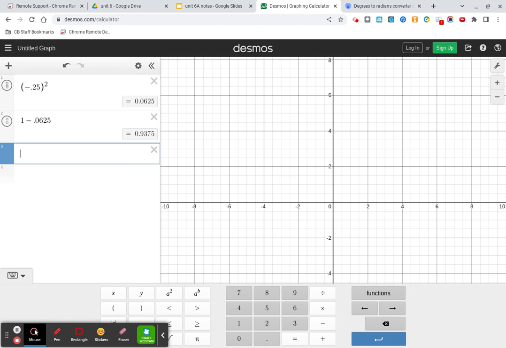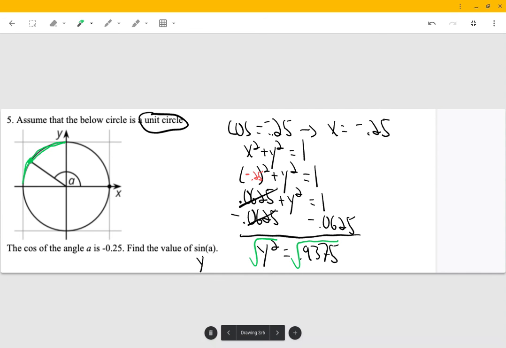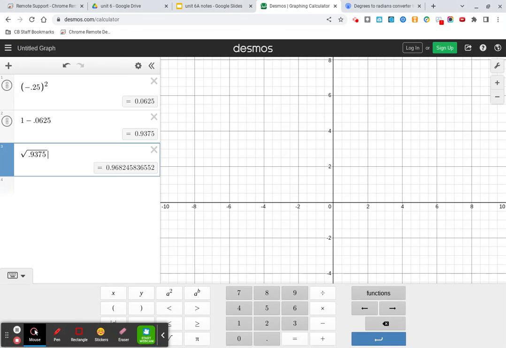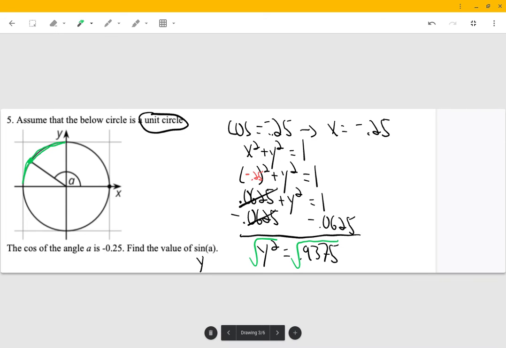So I'm going to take the square root of 0.9375. And again, we're going to take the positive answer. And we end up with y equals approximately, I'm going to round that to 0.97.